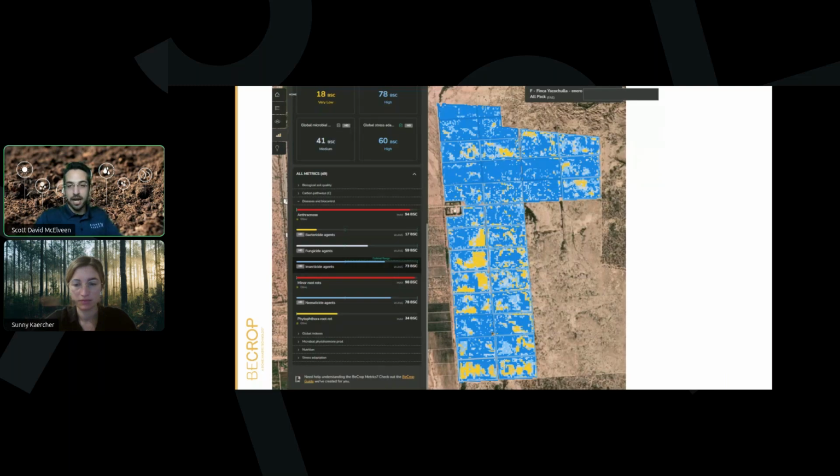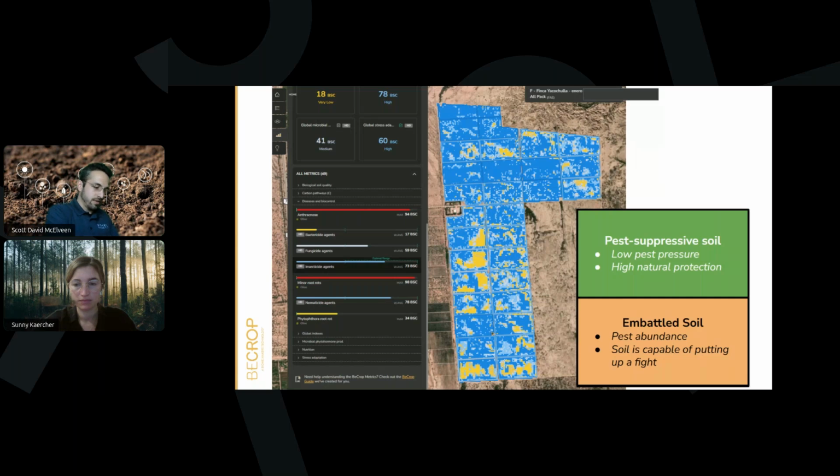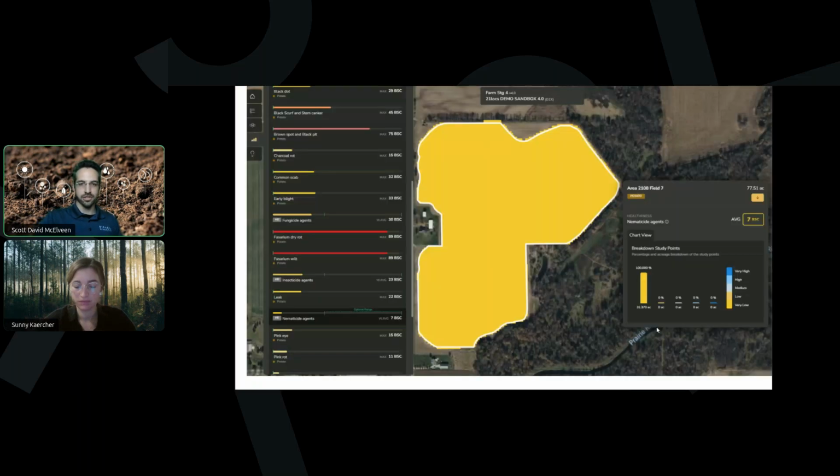But you'll need to combine that with other assays, other observations as to, do I actually have an insect or root-feeding nematode problem to know whether this is a pest suppressive soil or an embattled soil, and also what's happening in these patches of lower potential.